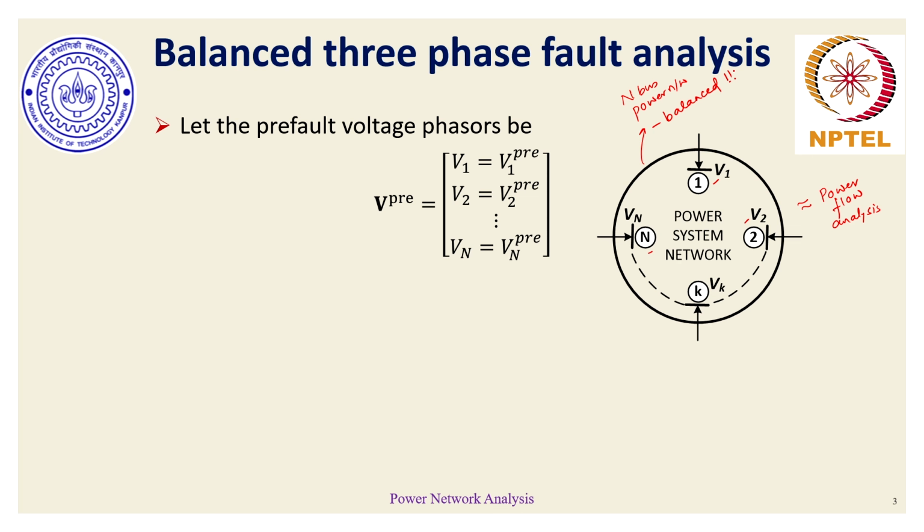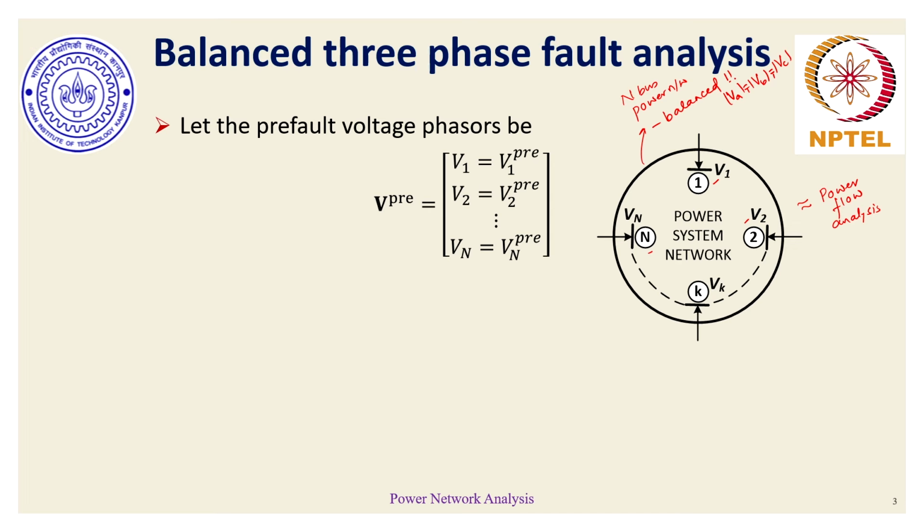That means all voltage phasors of the three phases are equal in magnitude, and the phase angle difference between these voltage phasors is 120 degrees. The same logic also holds true for the three-phase currents, whether in phase domain or line to line.